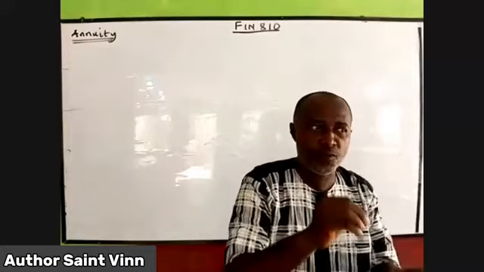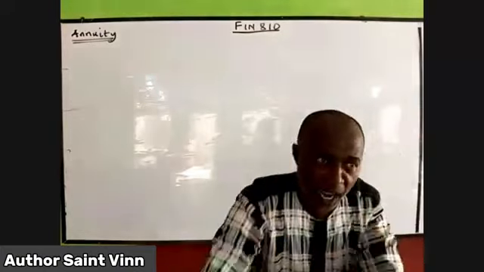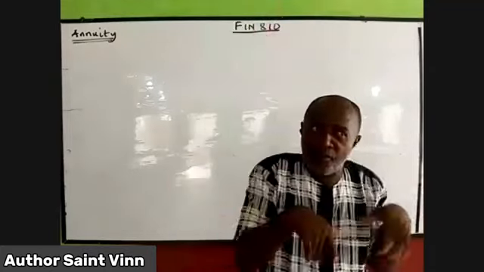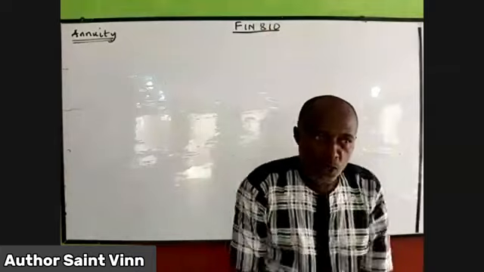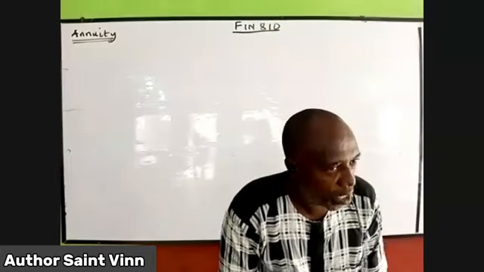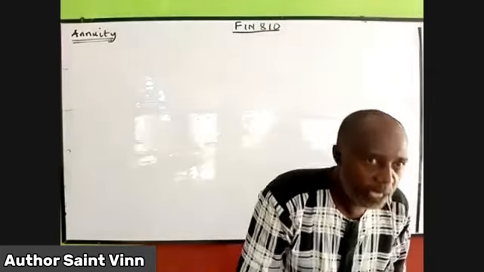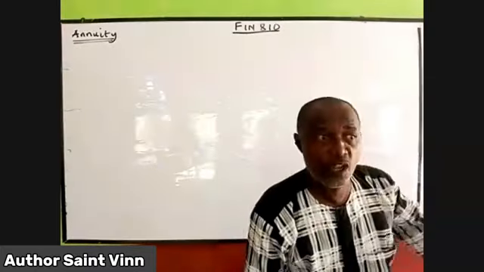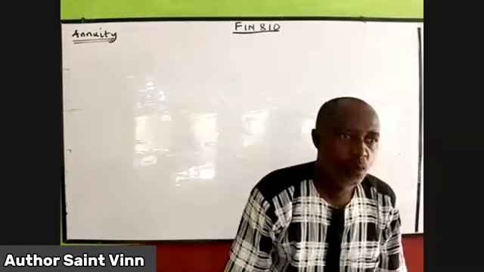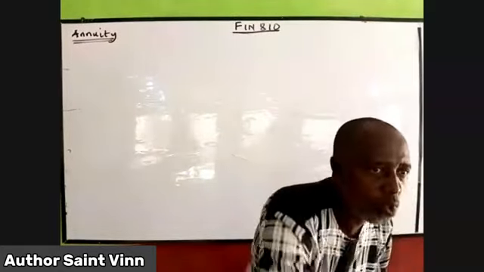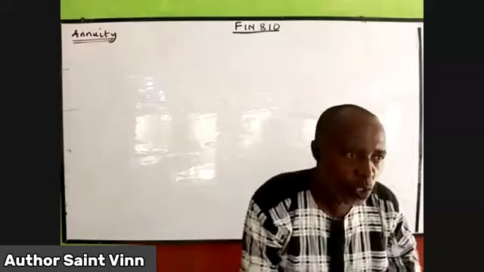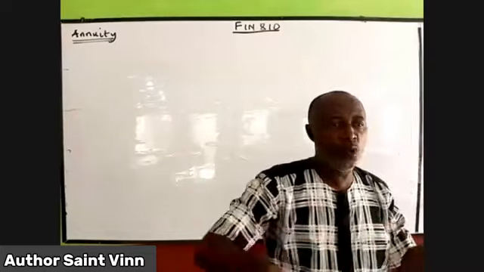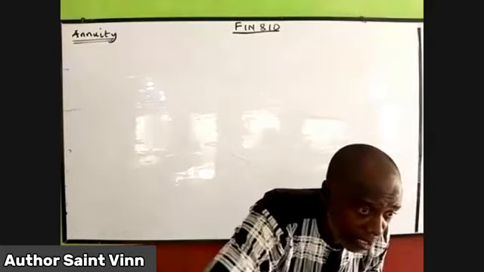Last week was future value equals present value times (1 plus r) raised to the power n. But today's formula will also lead us to what we call loan amortization, which is an application of mathematics of finance, and to sinking fund, which is also an application of mathematics of finance. The formula we will use revolves around the annuity formula.